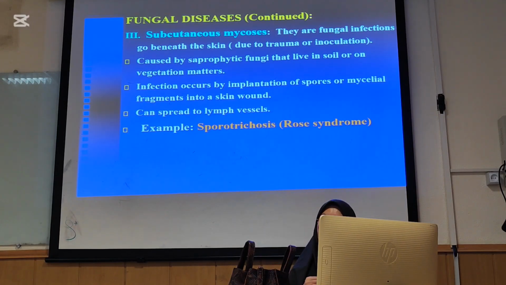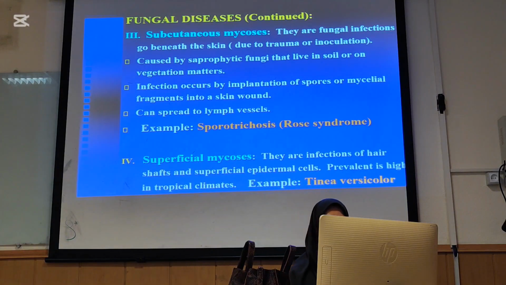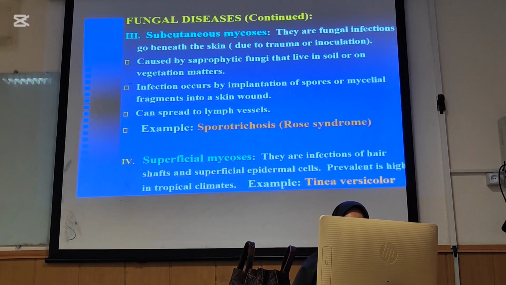After inoculation by the spikes of these plants, it can cause sporotrichosis. Usually these sorts of fungal infections are named subcutaneous mycosis and always spread through the lymph vessels.